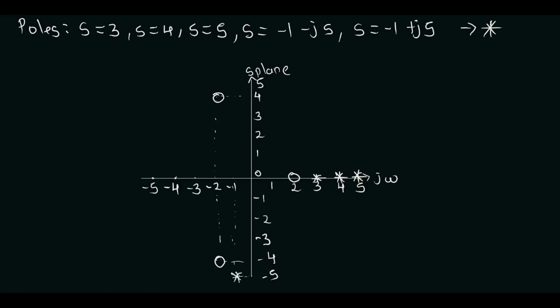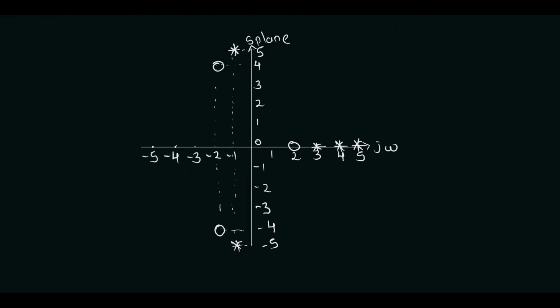Then we trace this one. So this right here is your pole-zero map. That's the final answer.